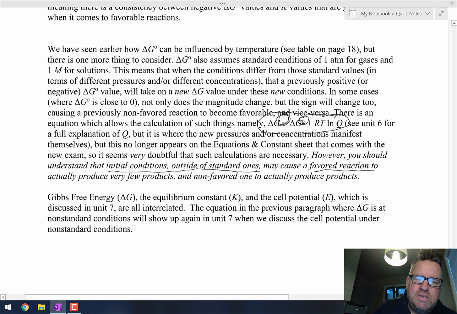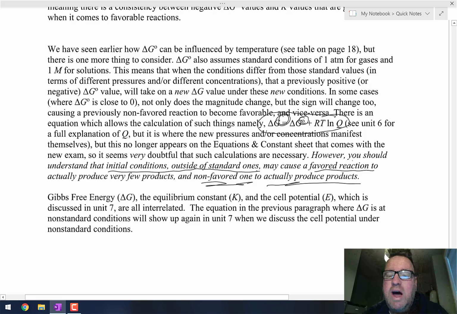And sometimes, with a non-favored reaction where delta G is positive, you might actually get some products, simply because those concentrations and pressures are not at the standard conditions. Again, don't worry really about that. This equation is going to come up in a different form later on in Unit 7, where we're going to talk about how that affects electrochemistry.